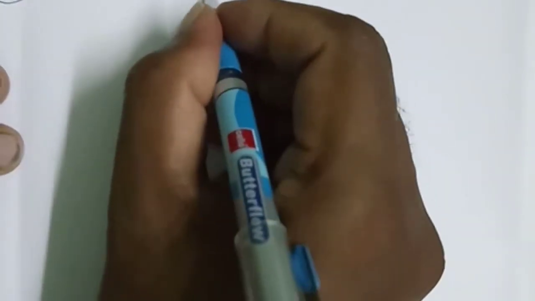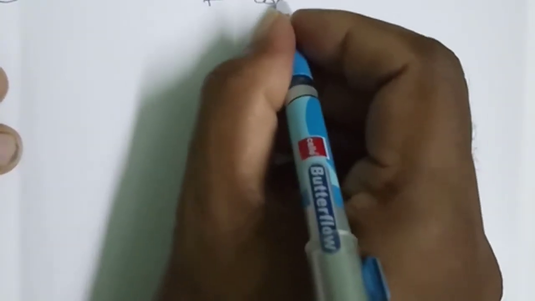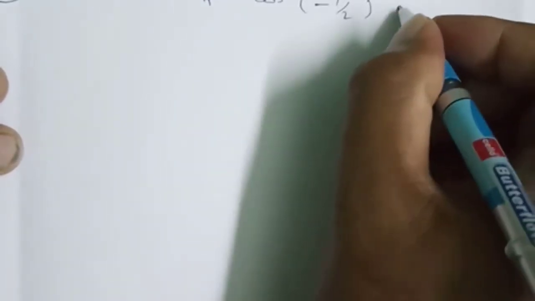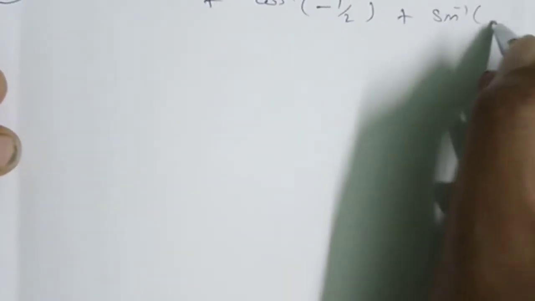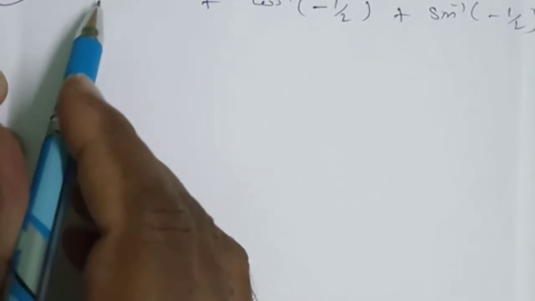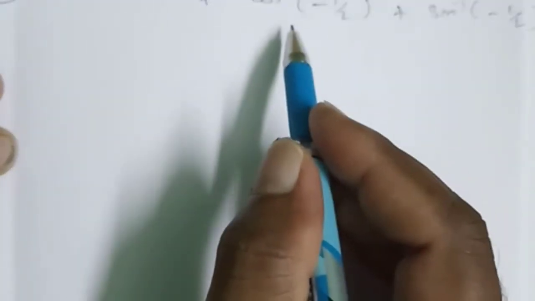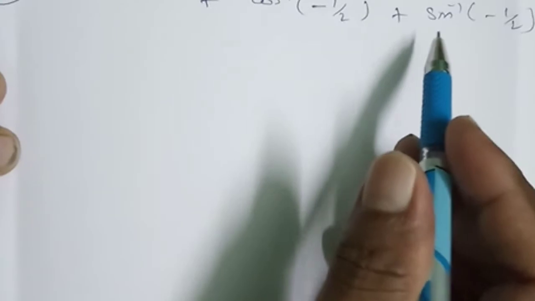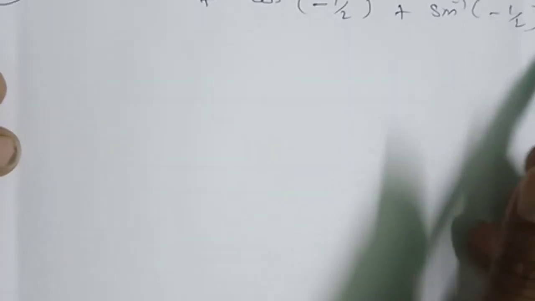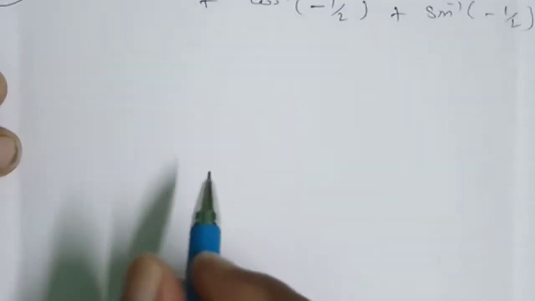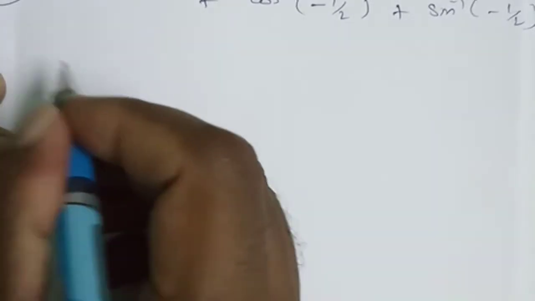Find the value of tan inverse of 1 plus cos inverse of minus 1 by 2 plus sin inverse of minus 1 by 2. First find the values of tan inverse of 1, cos inverse of minus 1 by 2 and sin inverse of minus 1 by 2 separately. Then add all the values, and you get the result.